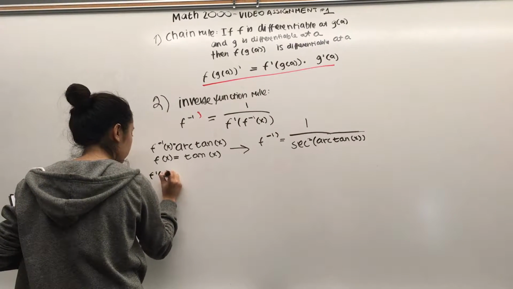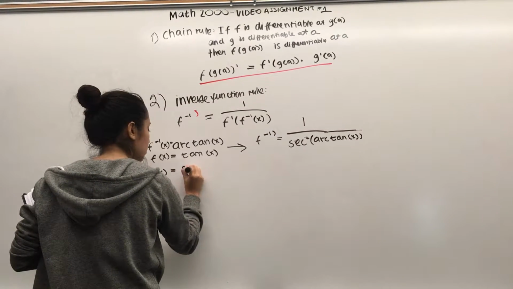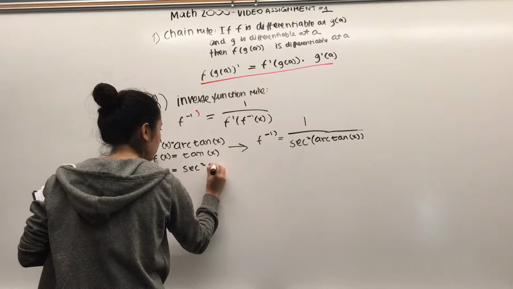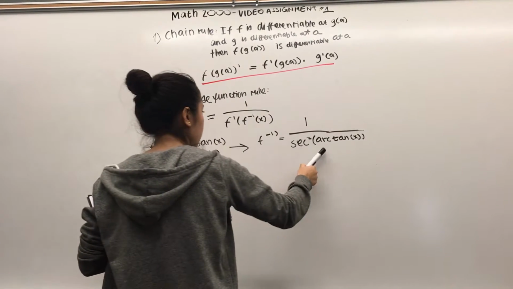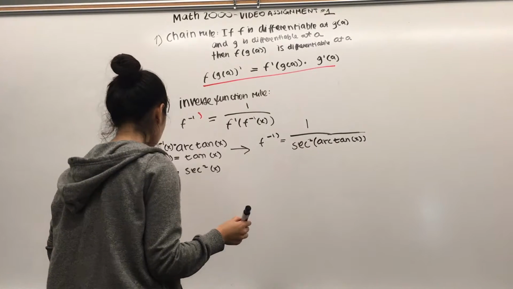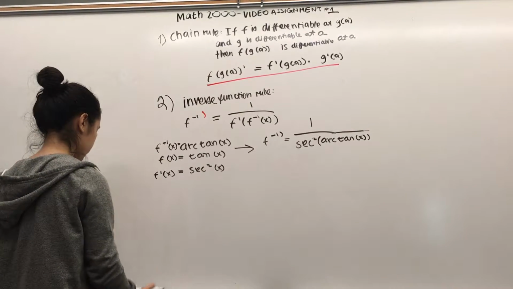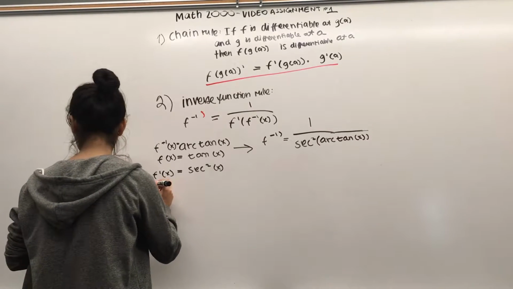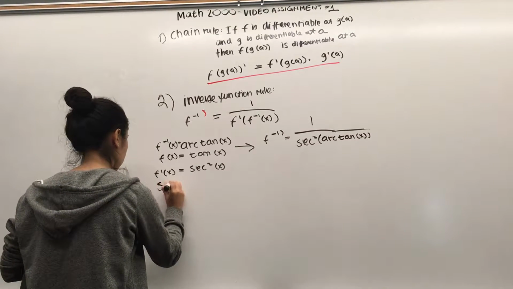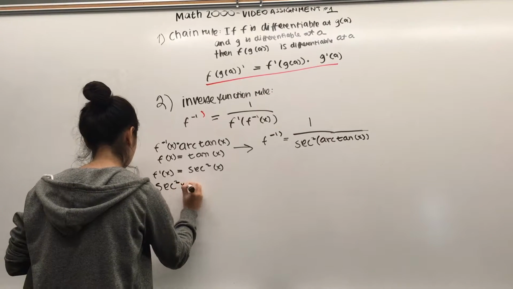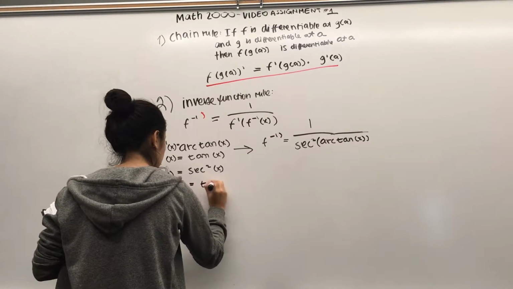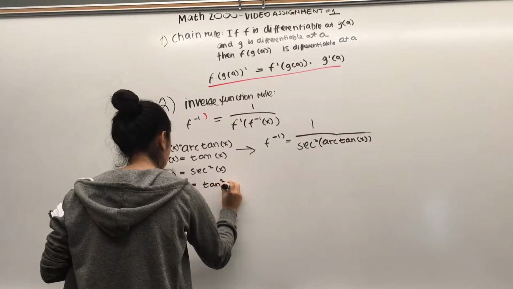So in order to make this simpler, we can use one of the trigonometric rules, which states that secant squared of x equals tan squared of x plus 1.